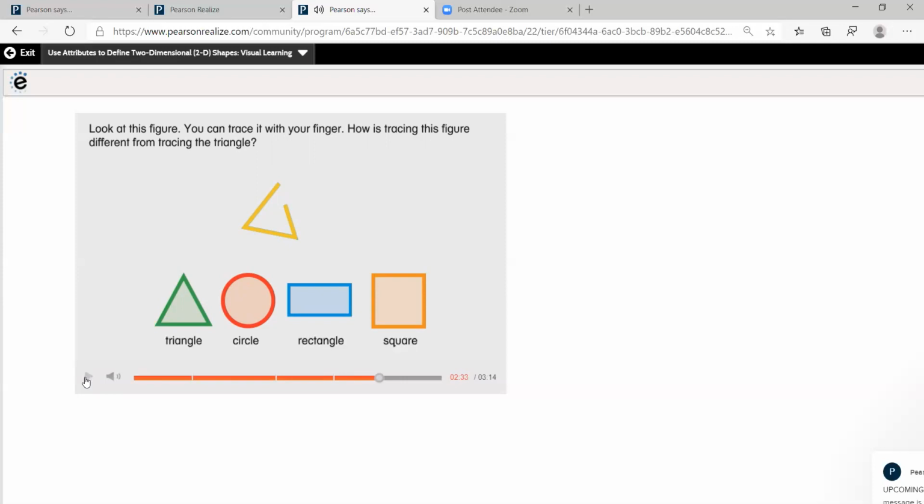If you look at this figure and trace it with your finger, how is tracing this figure different from tracing the triangle? It looks similar to the triangle, but how is it different?